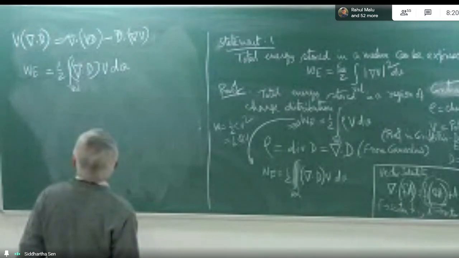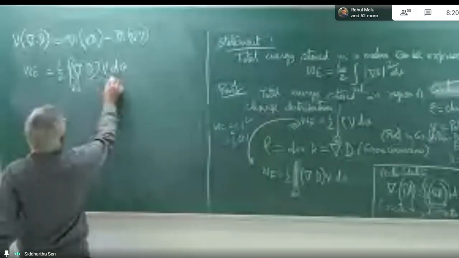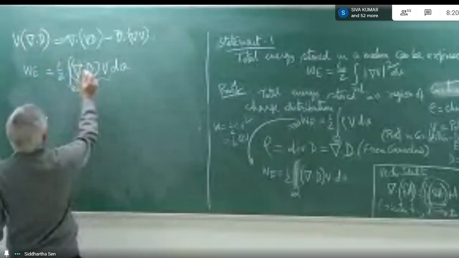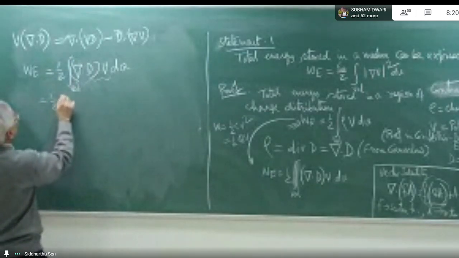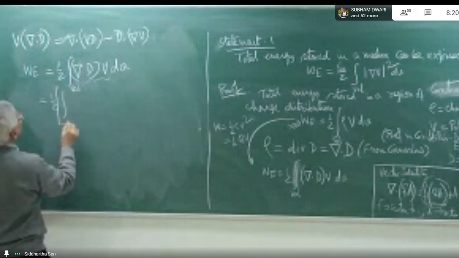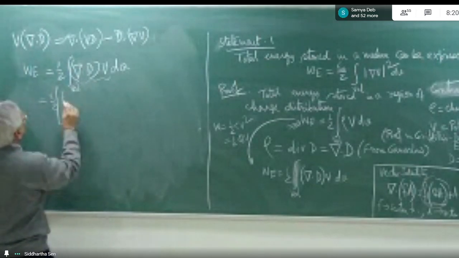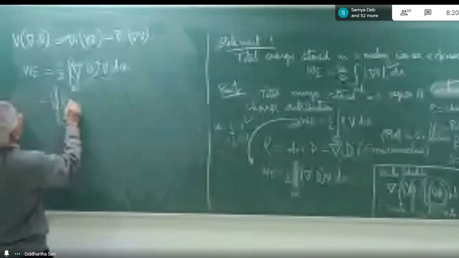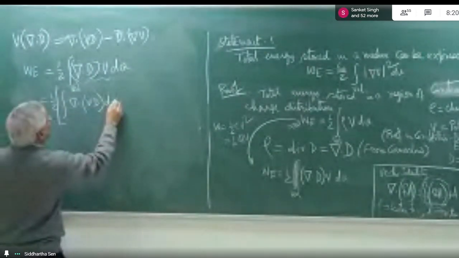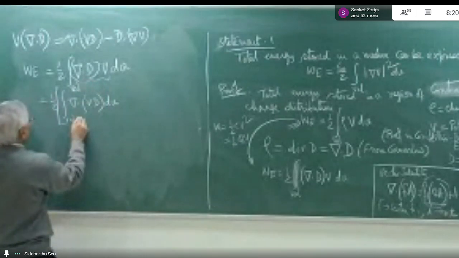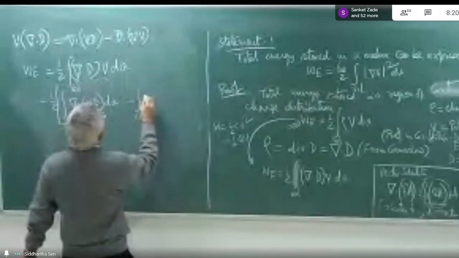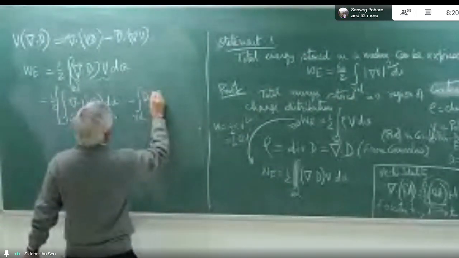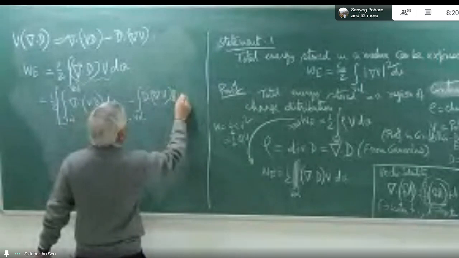So now this is equal to V into nabla dot D. This expression I can write as half into the volume integral of nabla dot (V D) dV, minus the volume integral of D dot nabla V dV.